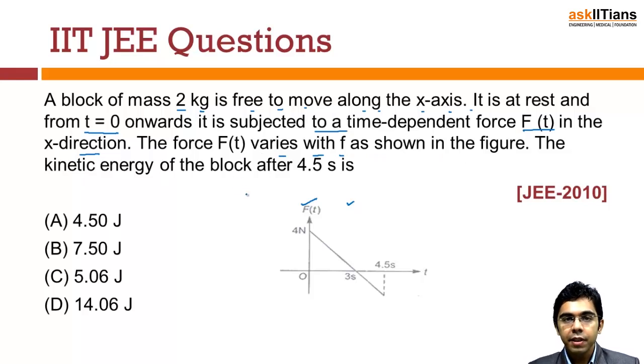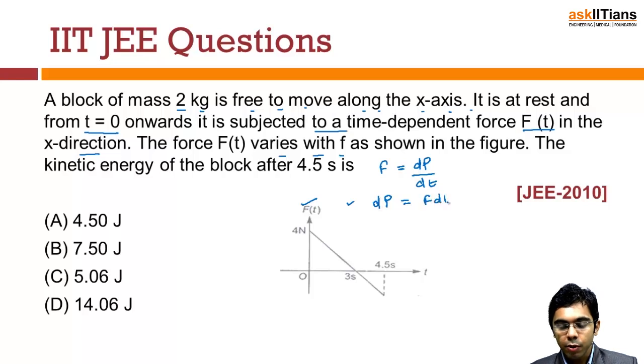Since the F-t graph is given to us, we know that force is the rate of change of momentum. So the change in momentum will be equal to F dt. Earlier we saw that work done is equal to F dx, and we said that the area under the F-x graph is the work done.